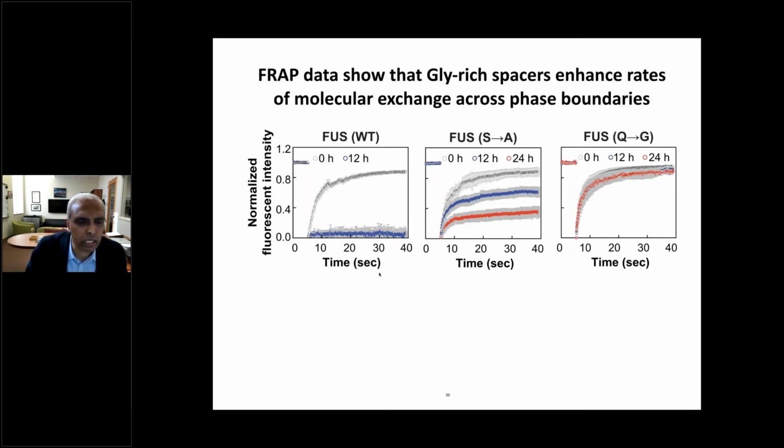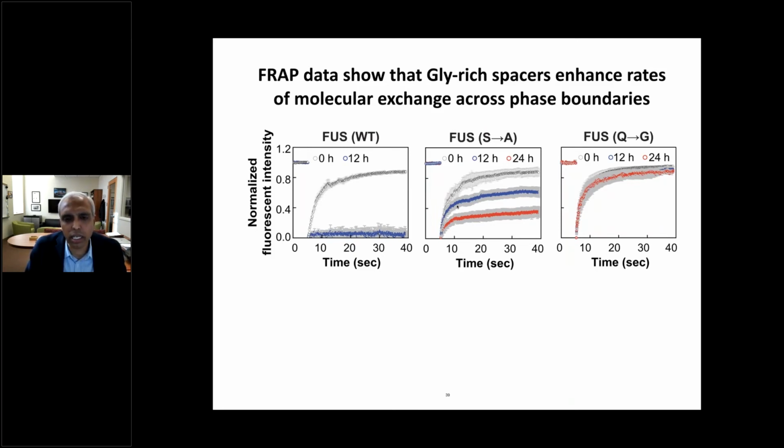And what you find is that the recovery is fairly rapid in these condensates when you first prepare them, but they do undergo a hardening transition because essentially there is a significant amount of cross-linking happening inside of these condensates. And so the recovery after photobleaching plummets down to absolutely nothing if you let these condensates sit for a certain amount of time.